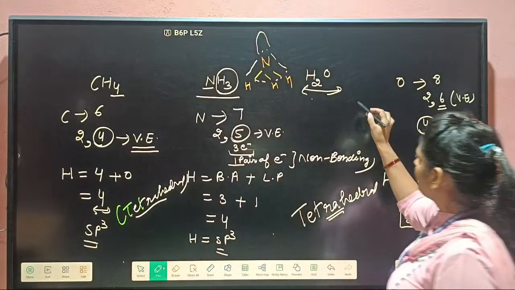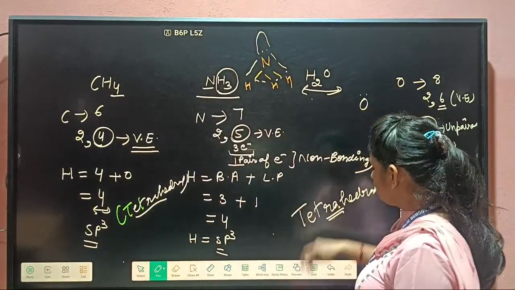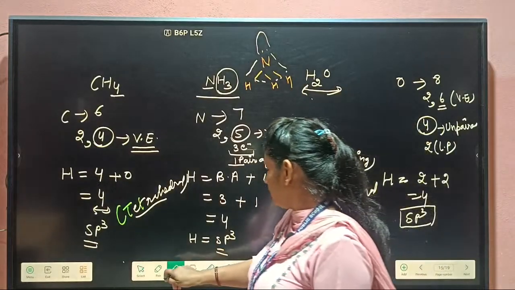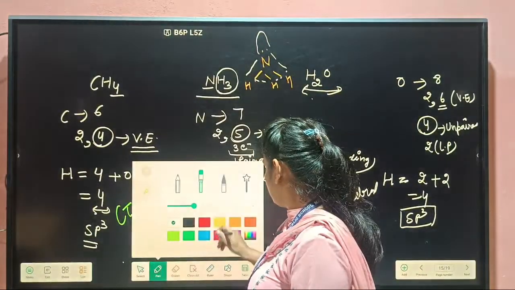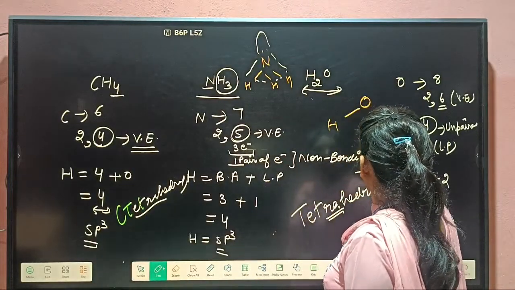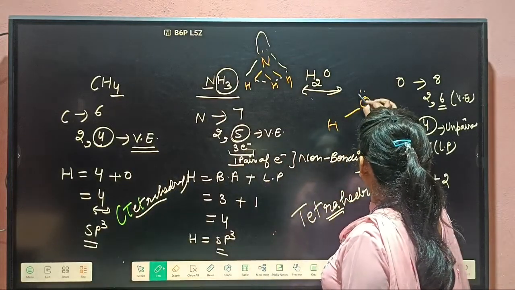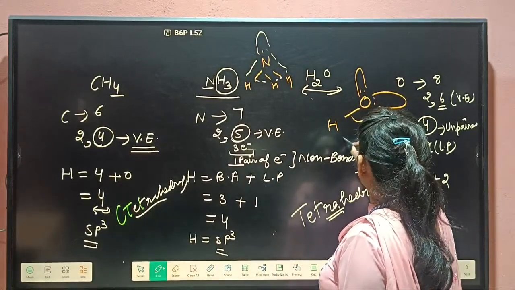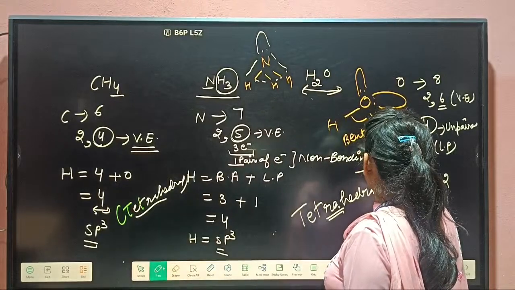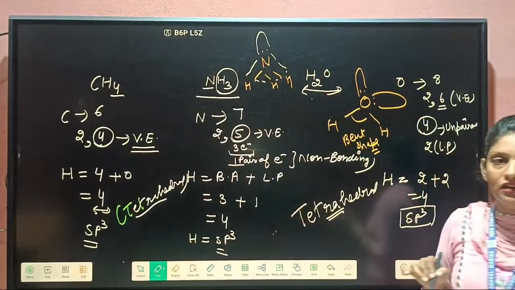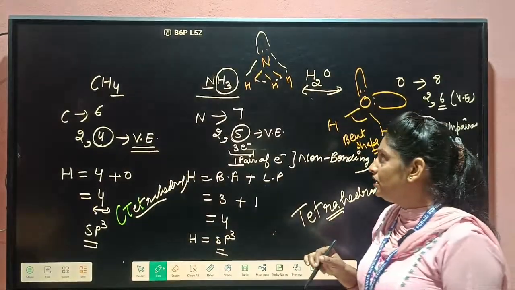And for water, two lone pairs. Okay, so the shape changes further, and the shape will be the bent shape. But if I talk about geometry, then it will be tetrahedral.